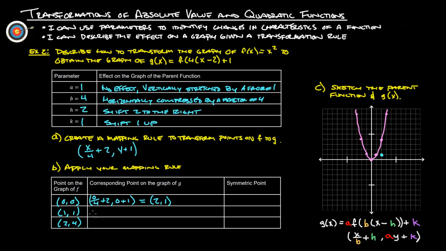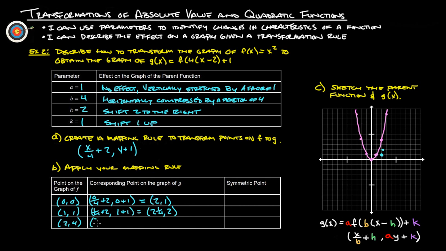That makes sense. I'll plug in 1, so we've got 1/4 plus 2 and 1 plus 1. So that's going to give us 2 1/4 and 2. So 2 1/4 and 2 is about right there, roughly.